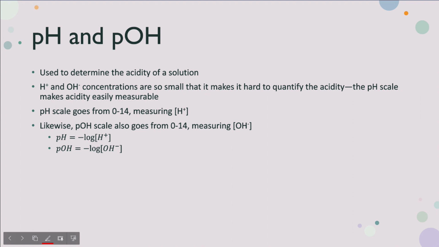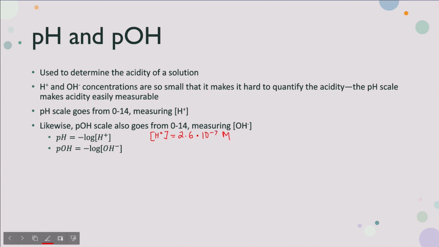So let's say we have a solution and its H plus concentration, the brackets signify concentration, is 2.6 times 10 to the power of -7 molarity.